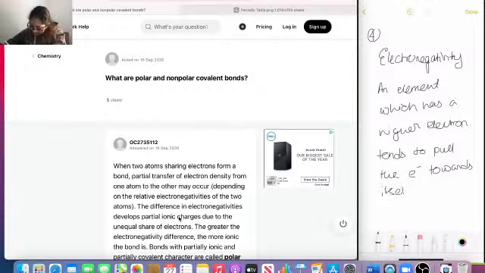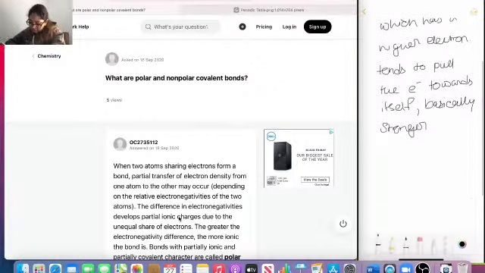So it's basically stronger. When we're talking about polar or non-polar covalent bonds, it's the difference in electronegativity between two atoms.